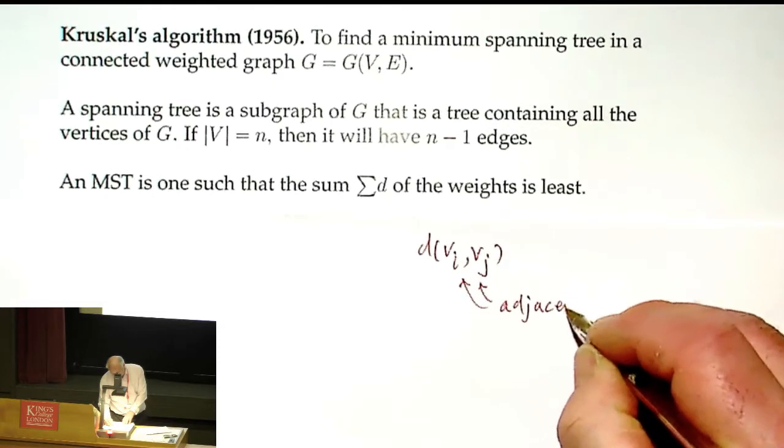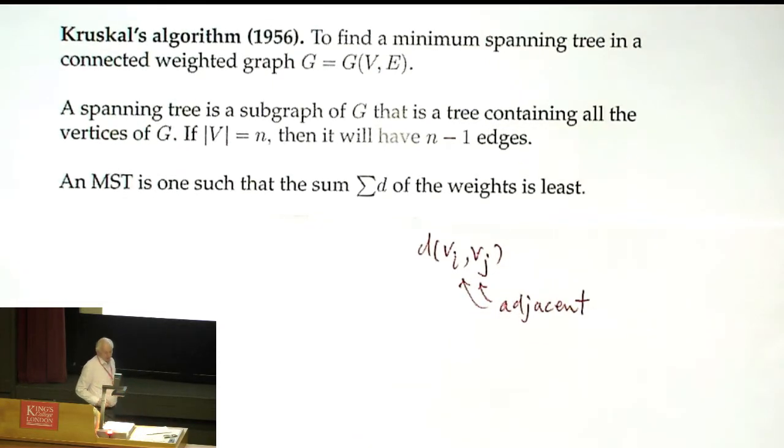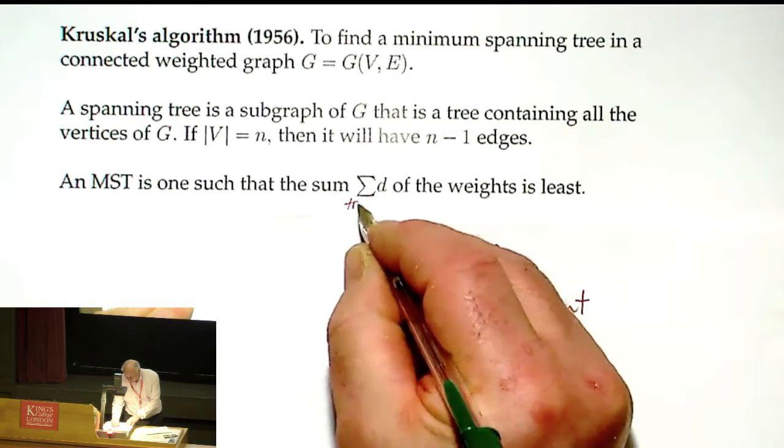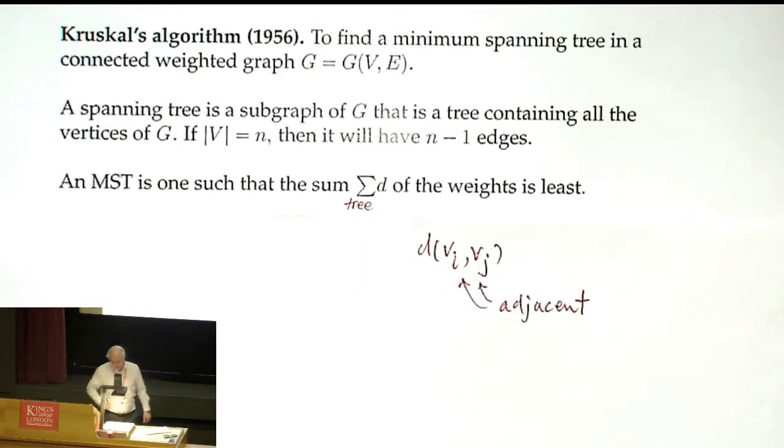That's what a weighted graph allows us to define. So we want the sum of all the weights in the tree, not the sum of all the weights in the graph, that will be constant, but the sum taken over all the edges of the tree to be least. That's what you might call a minimum spanning tree, or MST.